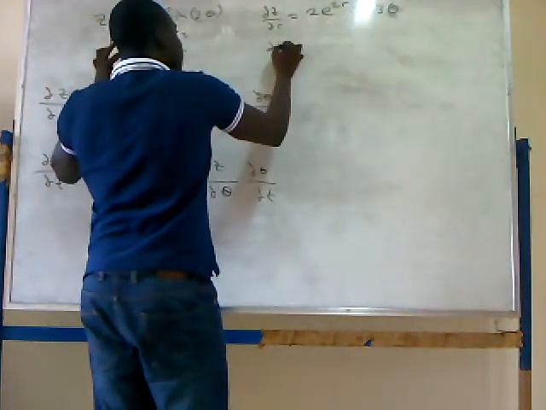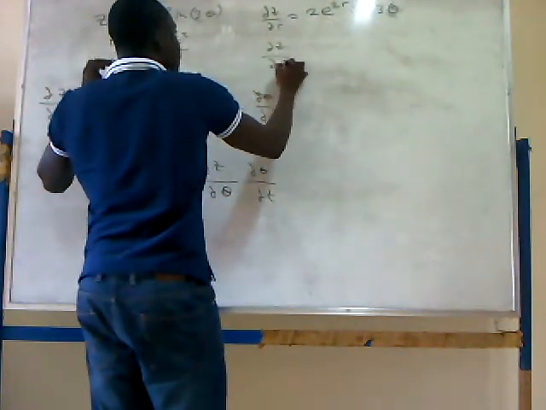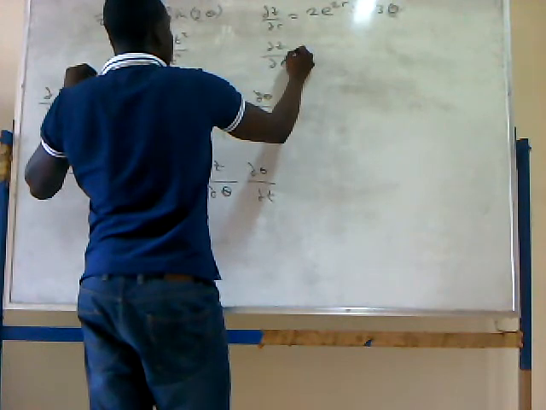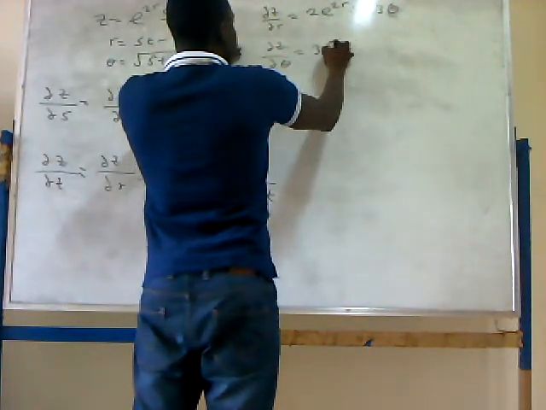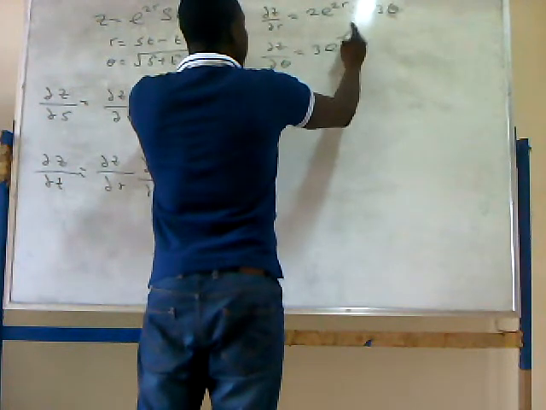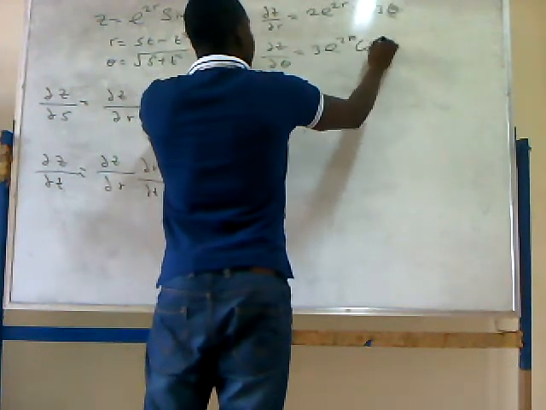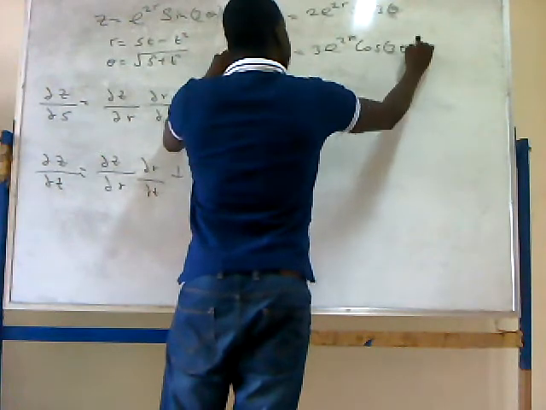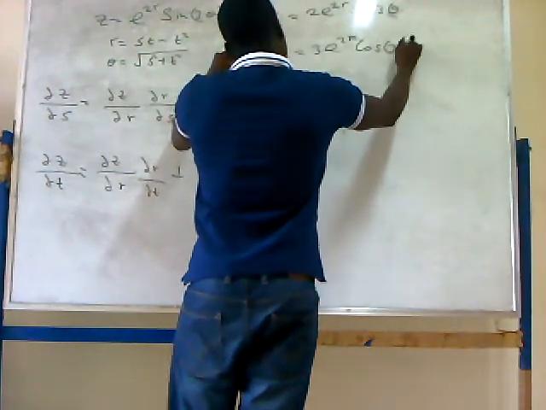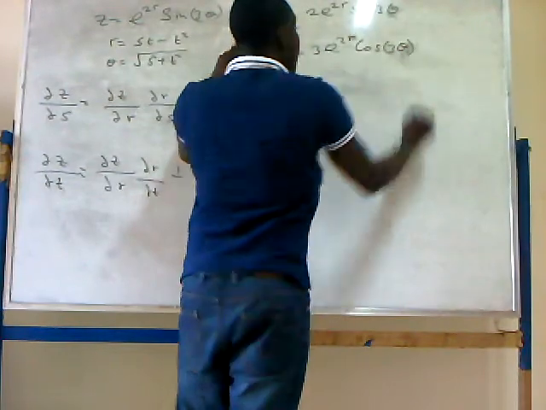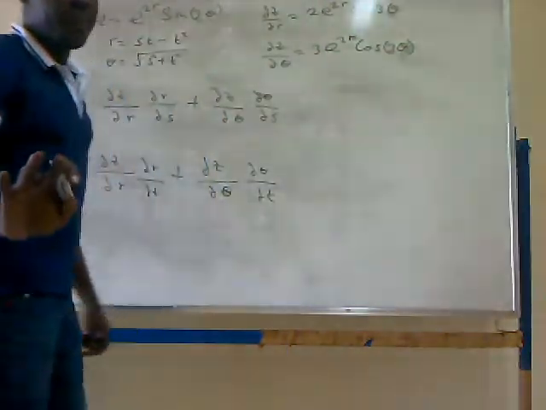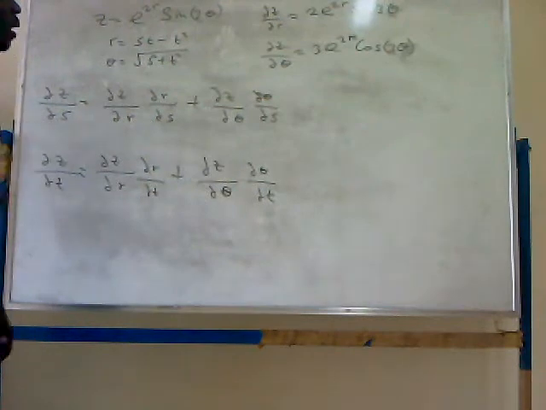And del z del theta is equal to 3e to the 2r cos 3 theta. As I said, if you don't get the differentiation, you can call me and we'll go through.